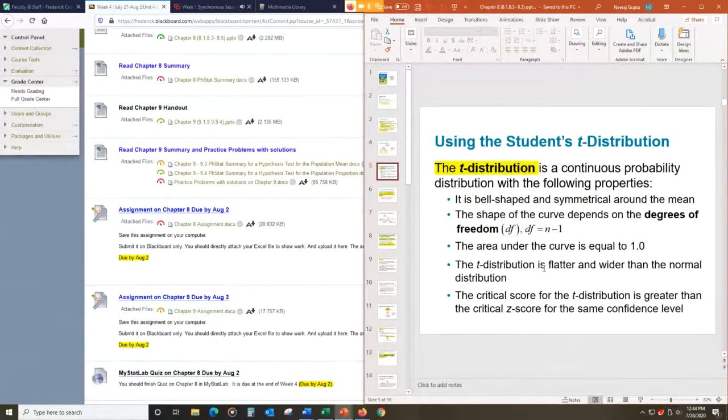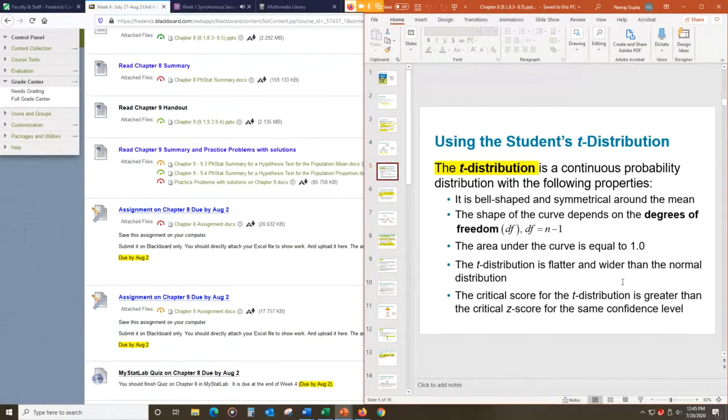First we will do population mean estimation from the sample mean when sigma is unknown. When sigma is unknown, we introduce a new distribution called the student t distribution. The characteristics of the student t distribution are similar to the normal distribution. That is, it is bell-shaped, it is symmetrical around the mean, and its shape depends on degrees of freedom, which is 1 less than the sample size.